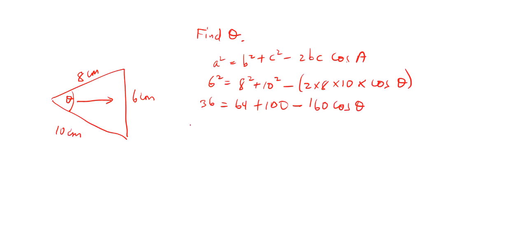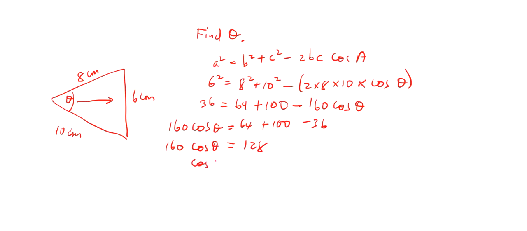So what we should do is carry across the cos theta to the other side, so we end up with 160 cos theta is equal to 64 plus 100 minus 36, and that gives me 128.